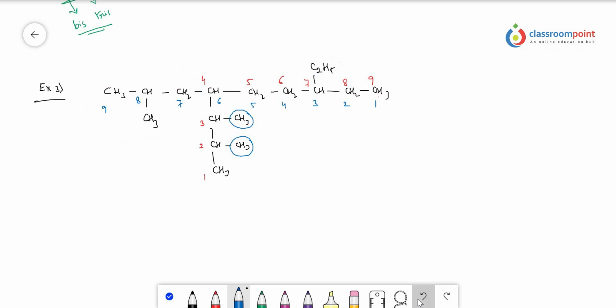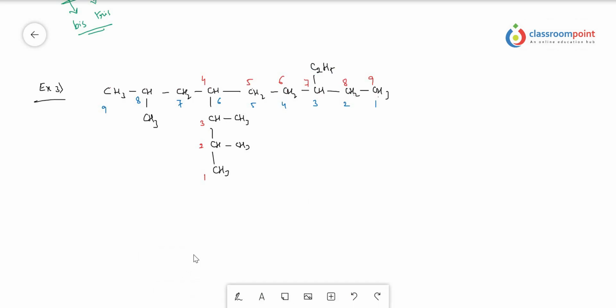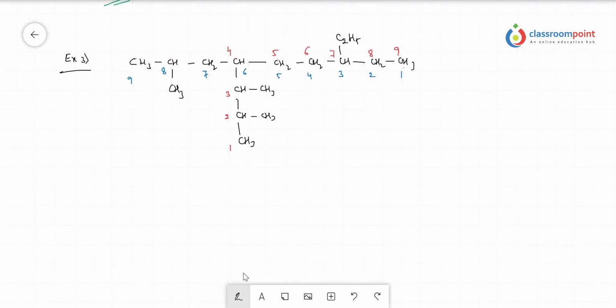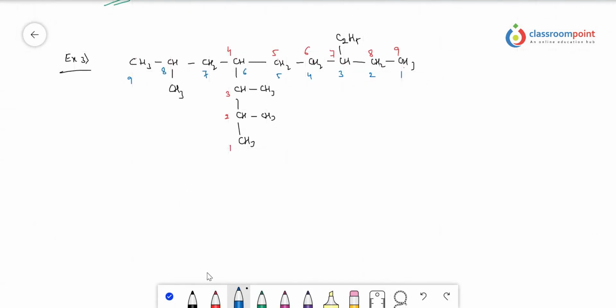If you select this straight one as the longest chain, you will get 1, this is 2, and here 3. Only 3 substituents are possible. So that's why we should not go with this straight chain. We have to go with the red color numbering, so we select that as the longest continuous carbon chain.